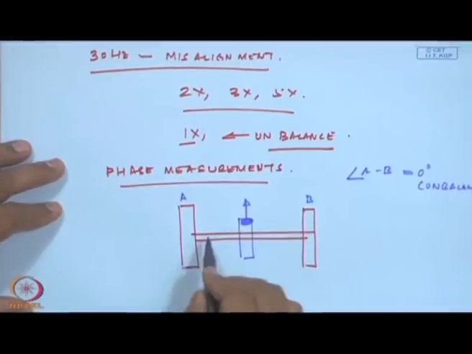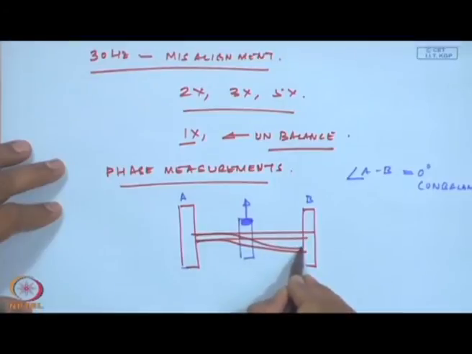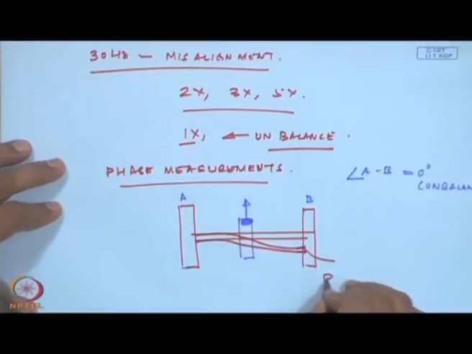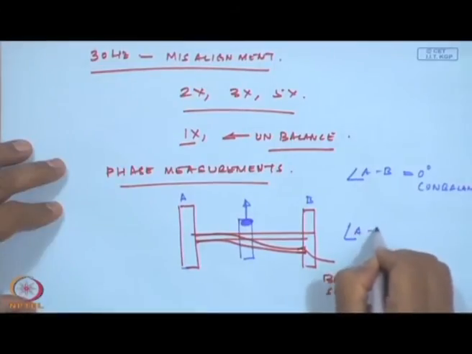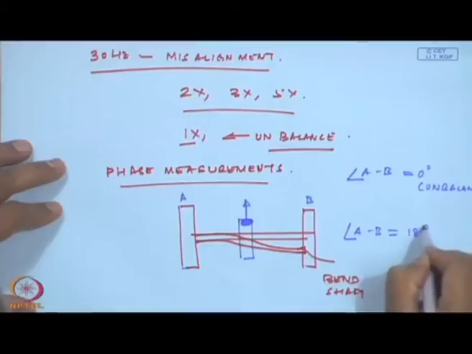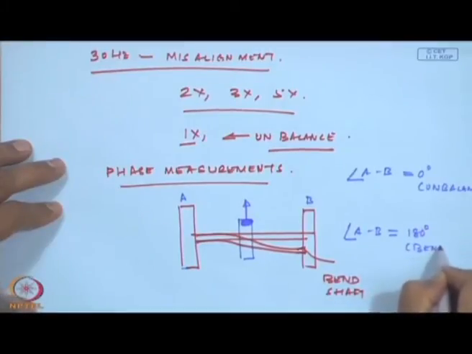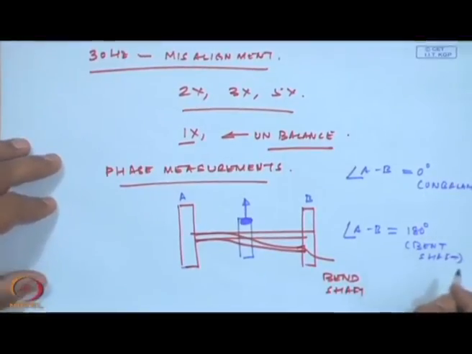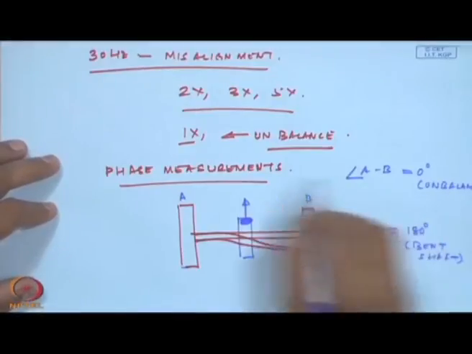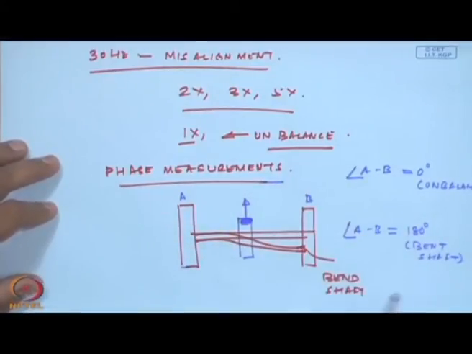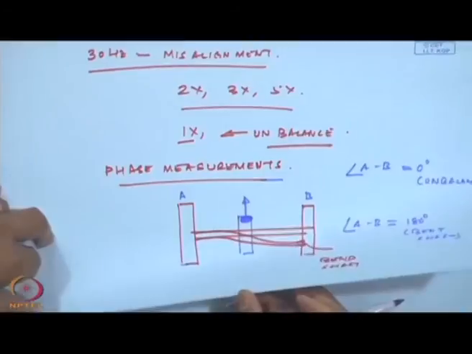If the shaft was bent, and I am exaggerating this in my drawing, you will see that this will be close to about 180 degrees. So, these are characteristics of the phase measurements, or of the vibration spectra, when a misalignment case has occurred.